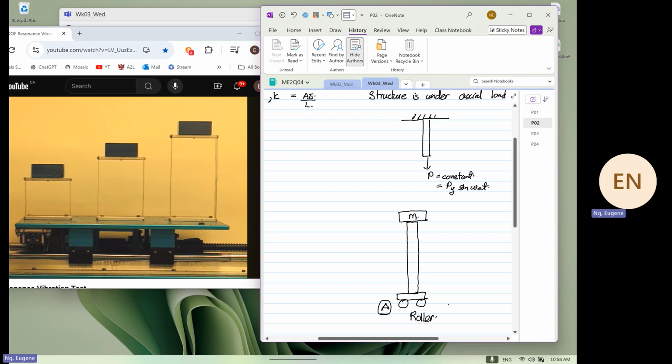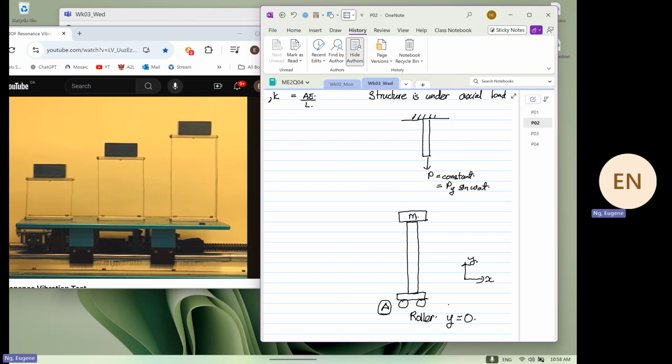A roller, right? Roller means what? If I have my transformation, this is X and this is Y. When I have my transformation over here, roller means what? Y is equal to what? 0. Am I right? Okay.